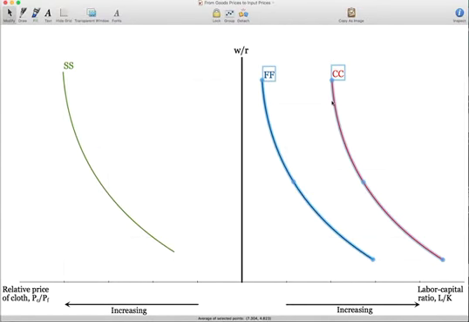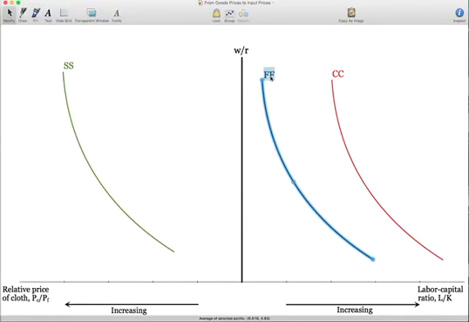So the fact that cloth production is to the right of food production is telling us that cloth production is more labor intensive for every single wage rental cost of capital ratio.